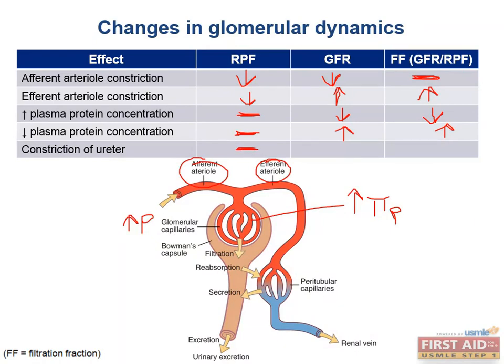Now, this is not going to have an effect on RPF, but what about GFR? It's going to decrease GFR because urine will not be able to flow from the kidneys to the bladder. Therefore, you'll get this back pressure building up and filtration fraction will decrease.